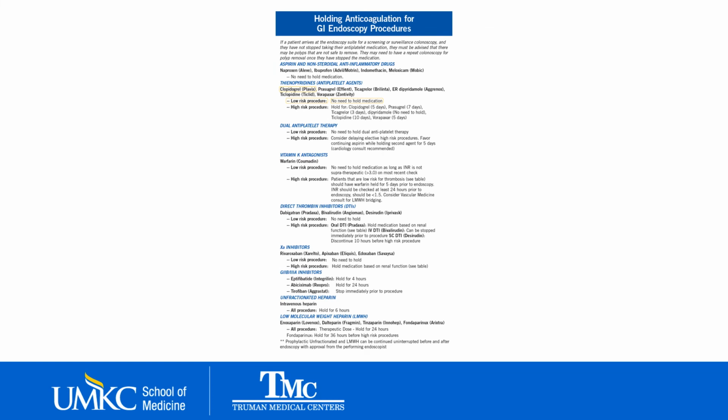Next, we look for Plavix under Holding Anticoagulation for GI endoscopy procedures and find it towards the top under Thienopyridines. Here, we see that there is no need to hold Plavix for this low-risk procedure. However, we must warn the patient that if any polyps were to be discovered, they would have to be removed at a later date after holding anticoagulation.